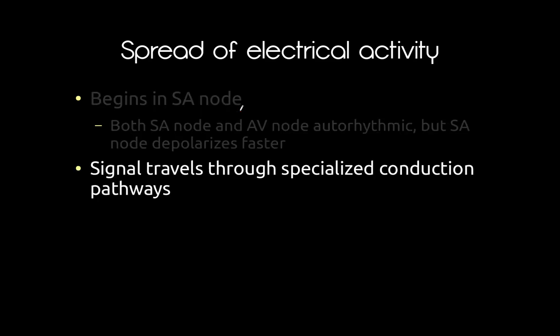Now, the signal is going to travel through these specialized conduction pathways of more of this kind of autorhythmic pacemaker cell type. Now, one thing I need to point out here, however, is that even though these are autorhythmic as well by themselves, they're not actually providing any rhythmicity, kind of like how the AV node isn't.